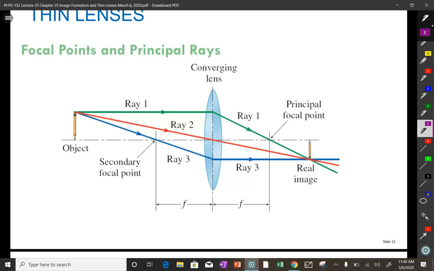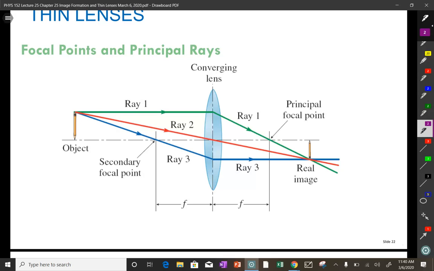We don't use the other side of the object because if it's on the principal axis, it's going to make an image on the principal axis directly underneath the tip. So we always put our objects so one end is on the principal axis, and then we only find where the image is for the other side, and then just put a straight line to the principal axis for the rest of the object. So we only do one point.